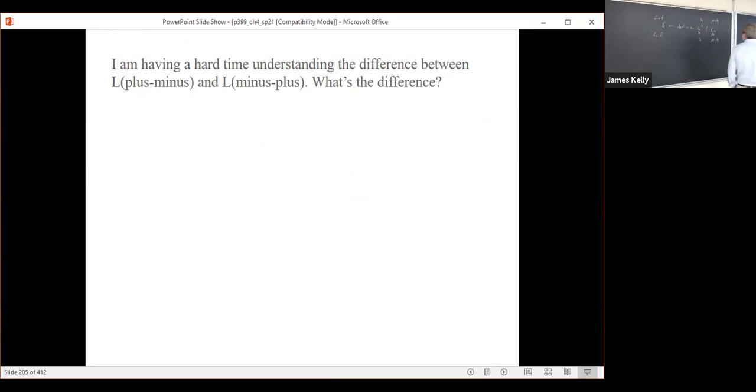The idea is, L plus minus is not one operator, but two operators. There's an L plus operator and there's an L minus operator, and they're defined as Lx plus or minus iLy. So whenever you see a double subscript like this, there's always an upper one and a lower one, and this means we're doing two different definitions at once. When you choose the upper subscript here, you should use the upper symbol over here.